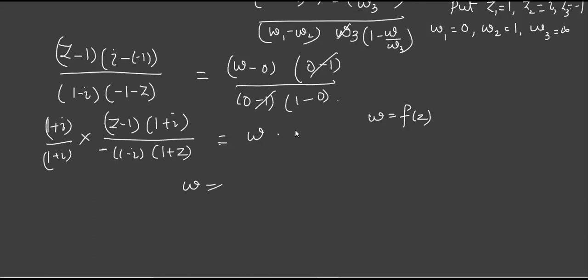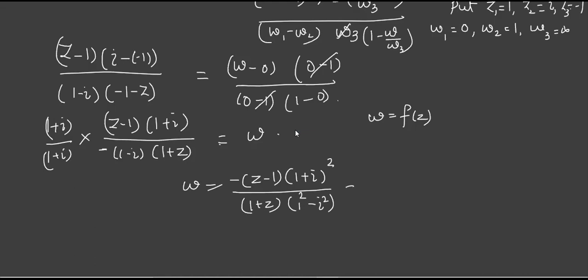I'm doing some simplification here. This is W equal to, I'll write this minus over here. So this is Z minus 1. Okay, this minus I'm taking. Now this is like 1 plus I and 1 plus I. What we have observed, 1 plus I the whole square. Now the denominator, if you see, is 1 plus Z. Now this is in the form 1 plus I into 1 minus I, A square minus B square.